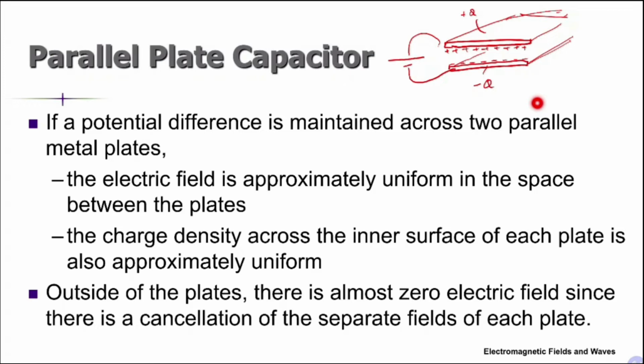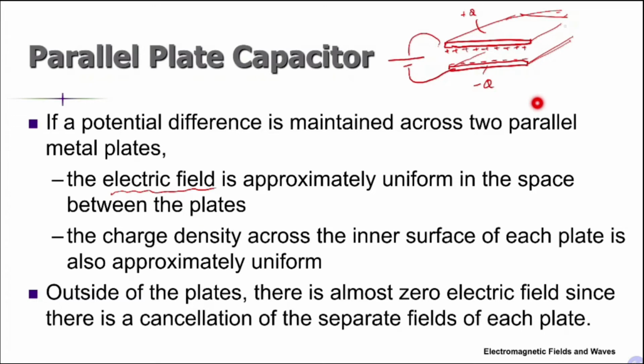And what that does is that it creates an electric field approximately uniform in the space between the two plates. Outside the plates is almost zero electric field because they cancel out each other. Okay, so you can show this using Gauss's law.